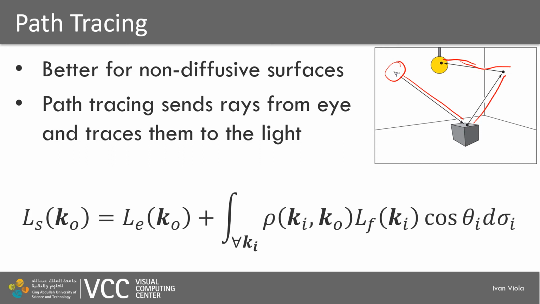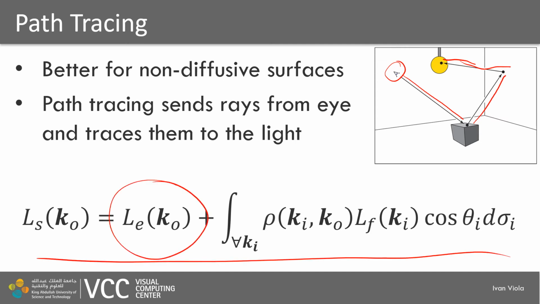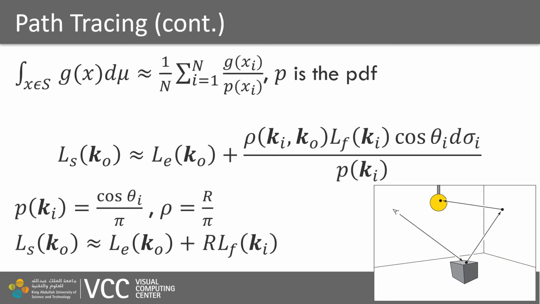So we again have here the light transport equation, where we have the emissive term here. We have again the BRDF, the field radiance, the incident radiance, which we want to calculate in order to obtain our surface radiance. In path tracing, we are using the Monte Carlo integration for estimating an integral of a function.